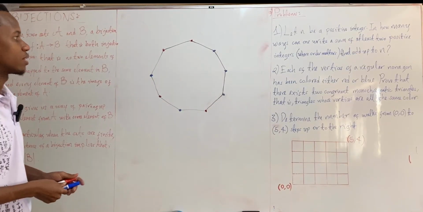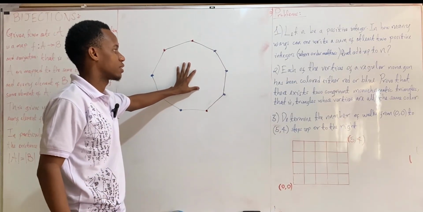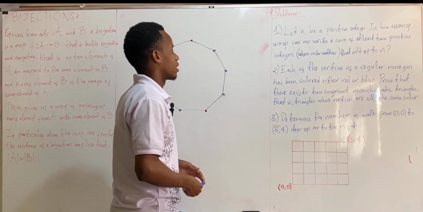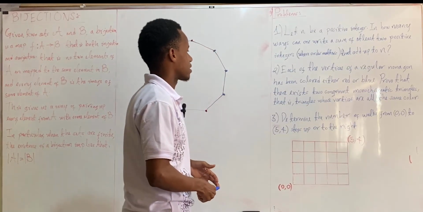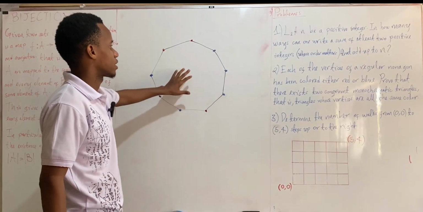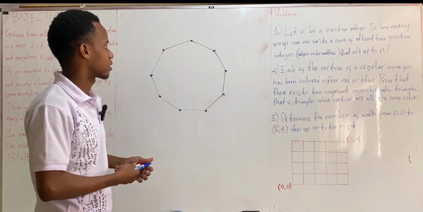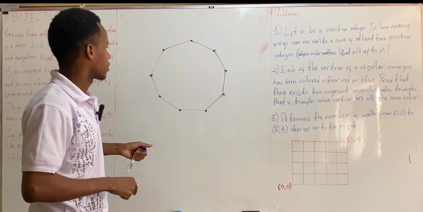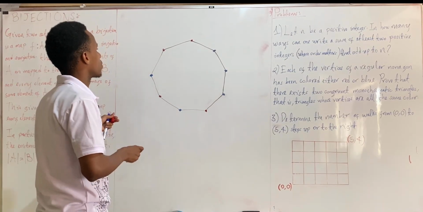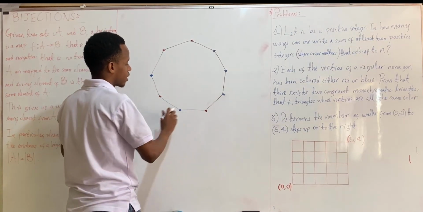So this is an example of a configuration that we are describing in problem 2, and we are supposed to prove that there exist two congruent monochromatic triangles. What does a monochromatic triangle mean in this configuration? By a monochromatic triangle, we mean a triangle all of whose vertices are of the same color.